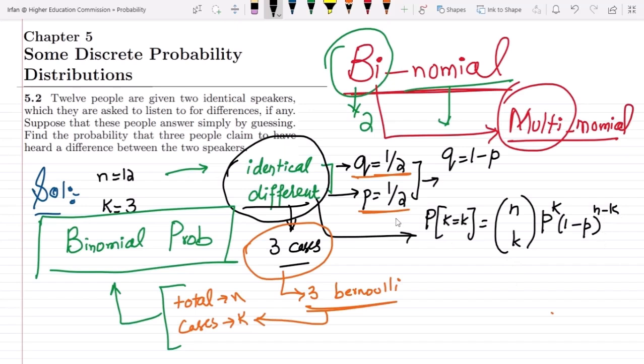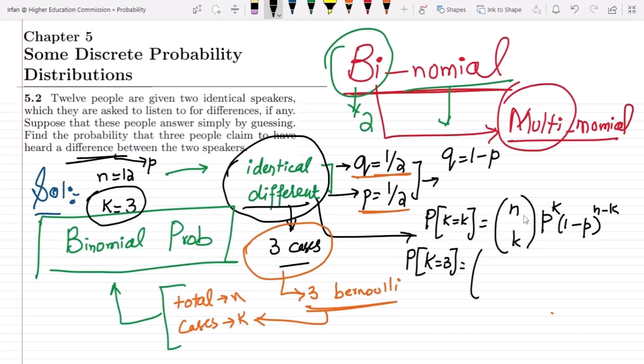Here we have the probability of the differences, which is p, since we have to see the different items. Therefore I want to find the probability that three persons say that the speakers are different, so k equal to 3.